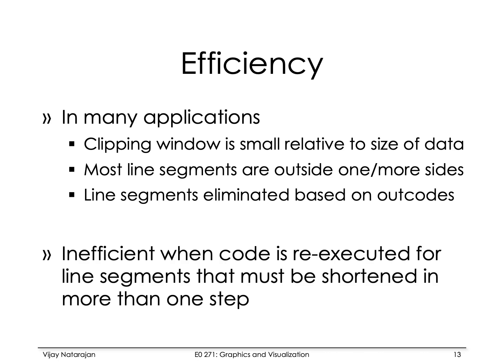The only stage which is inefficient is when your code is re-executed for the last case, where the line segment needs to be shortened. Thankfully, this happens to be infrequent, and so Cohen-Sutherland works quite well in practice.